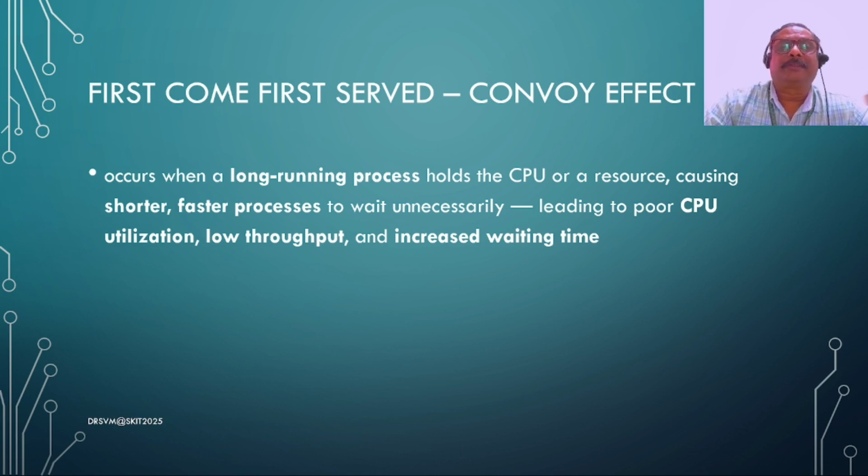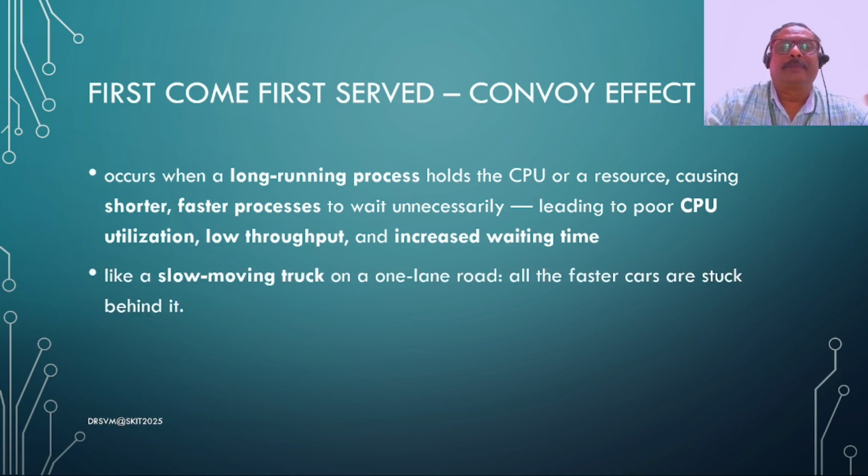Then any other processes which want to use the CPU or resources for a short period have to wait unnecessarily till this currently running process completes its job, and hence the CPU utilization goes down, and definitely the throughput is low, because in a given time the number of processes completed is going to be low, and each one is forced to wait a long period, and hence waiting time is going to increase.